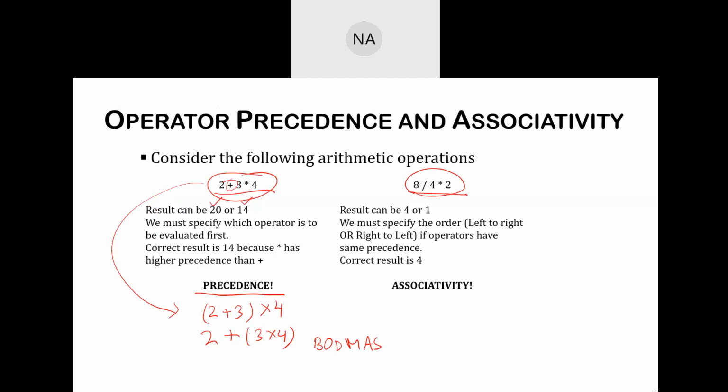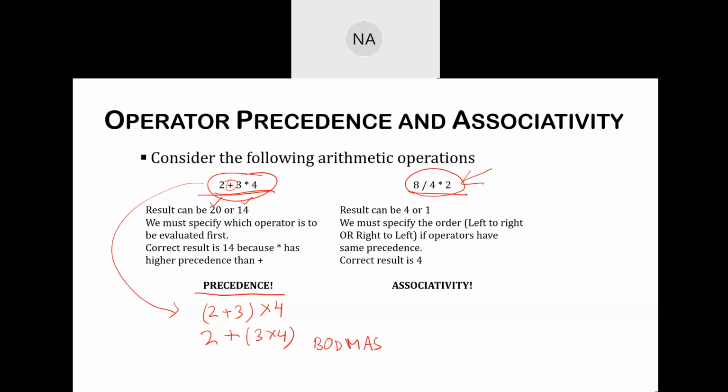In the first expression, 2 plus 3 into 4, multiplication has higher precedence over sum, so we can find the order of execution by considering the precedence levels: multiplication is evaluated first and then sum. But in the second expression, division and multiplication are at the same precedence level. So how will you decide which operator is evaluated first?